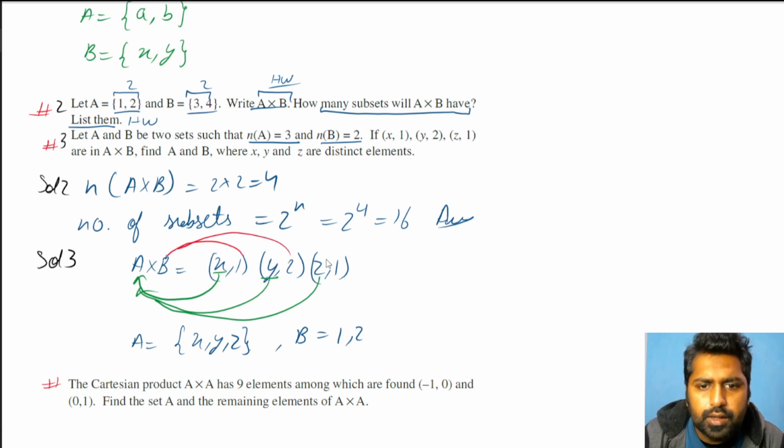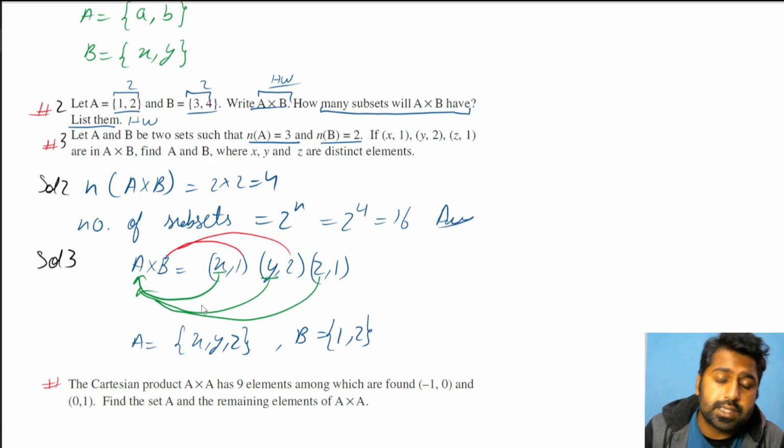Again we don't have to consider 1 again, because in a set everything is written only once. So that's it. A has 3 elements, B has 2 elements. So he has not given you all these 6 possible elements for A cross B. He has given you a few of them, and you can easily identify based on that. Okay.